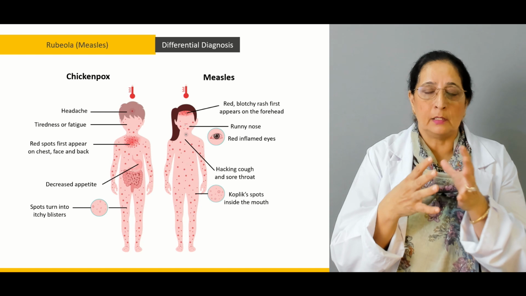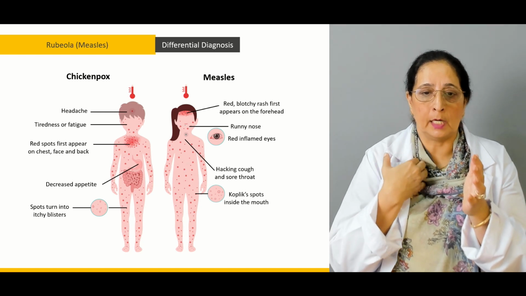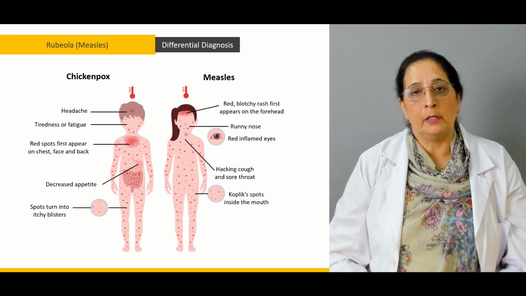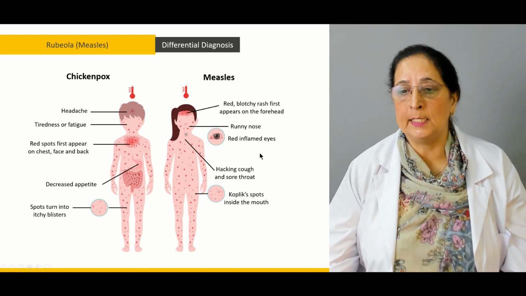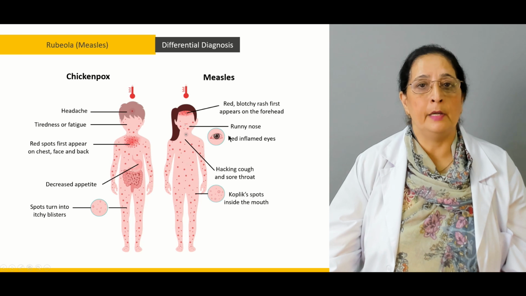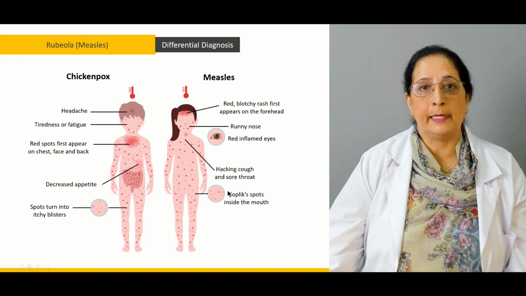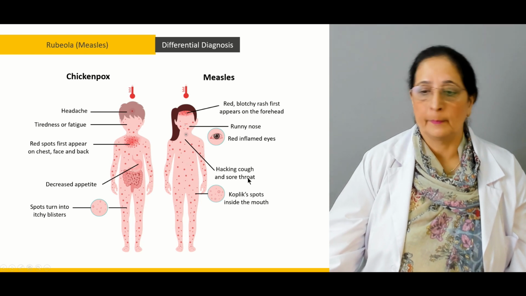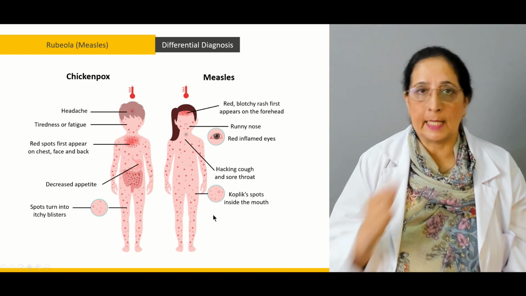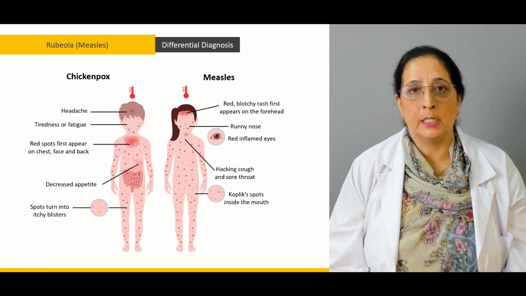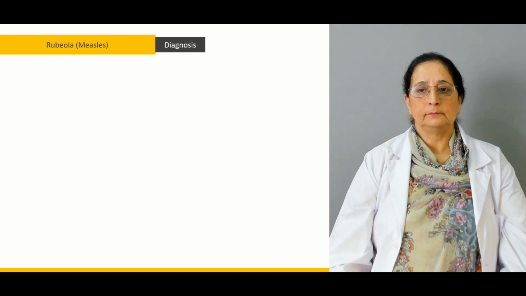The rash in one starts at the chest, face, and back, the other on the forehead. Then in measles, we have inflammation of the eyes also, and there is hacking cough, sore throat, and Koplik spots inside the mouth. You can see these spots when the mouth is observed.